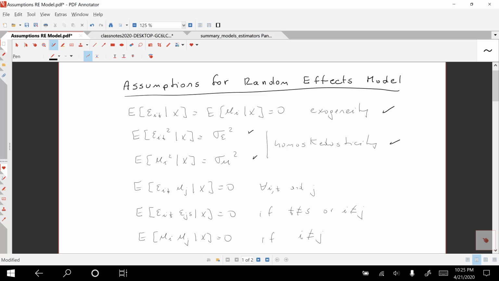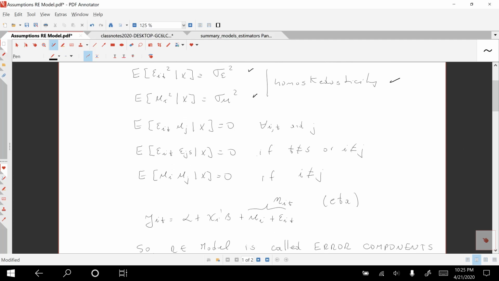So we have this homoscedasticity for all those errors. And then we also have independence or no correlation. The first type of independence is between the error terms. The error term for individual i and time t is going to be uncorrelated with the error term of any other individual.